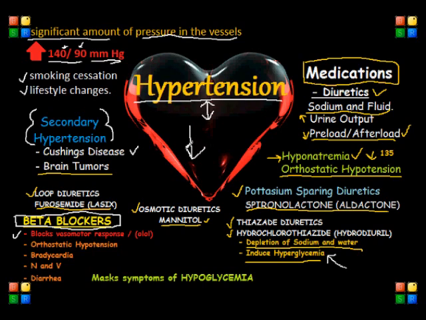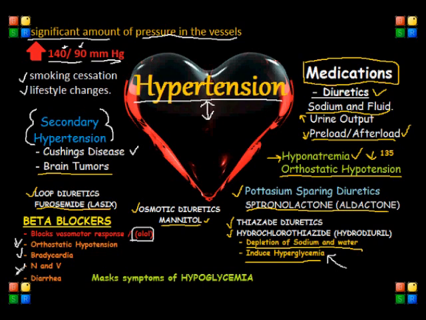Now, for the NCLEX, try to remember that most of the beta blocker medications usually end with the syllable -olol, right, or O-L-O-L. And potential side effects of beta blockers that are necessary to know for the NCLEX can include orthostatic hypotension, bradycardia, nausea and vomiting, and diarrhea.